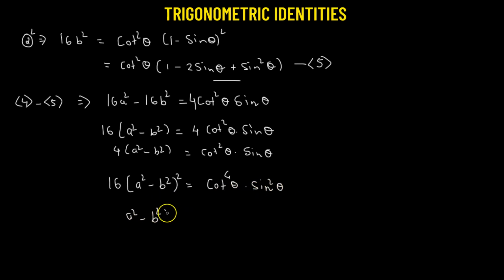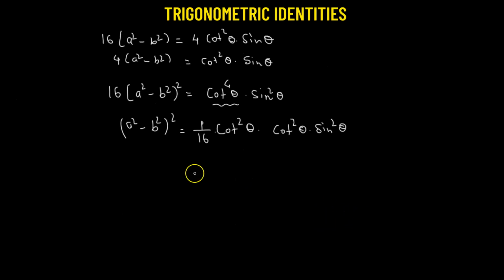So we have (a squared minus b squared) whole squared equals 1 over 16 multiplied by cotangent of theta raised to the power of 4 times sine squared theta. We can also rewrite it as cotangent squared theta multiplied by cotangent squared theta times sine squared theta.